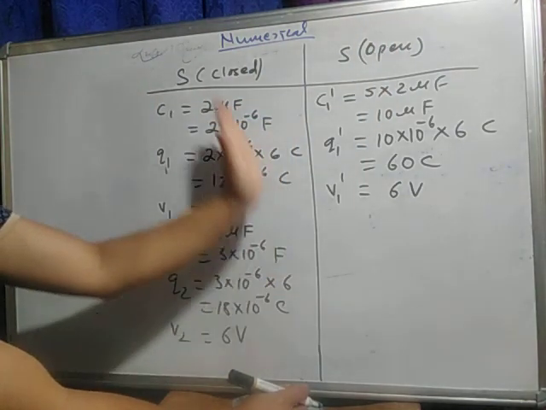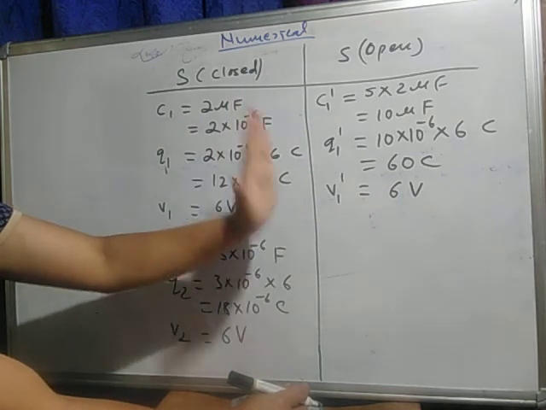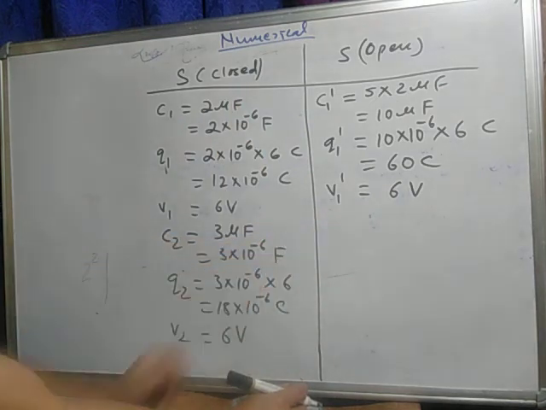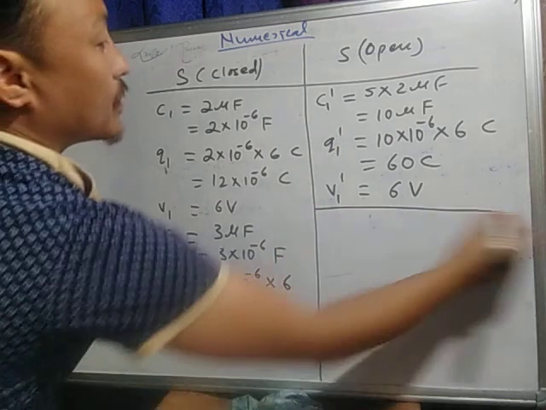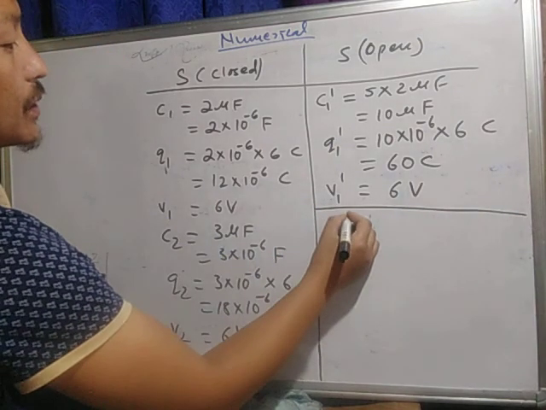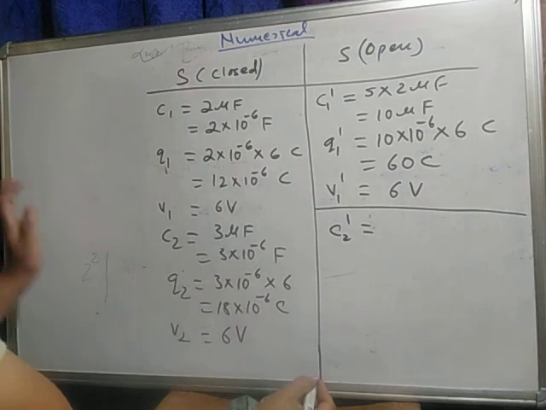In the next figure, when the switch is open, V is not equal to 6 volt. Why? Write down below: C2 dash equals to how much?